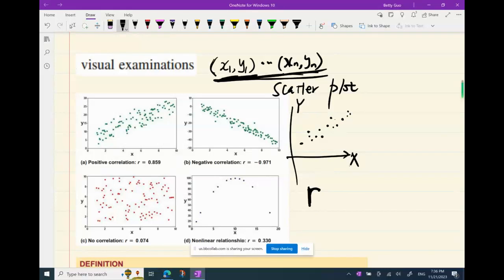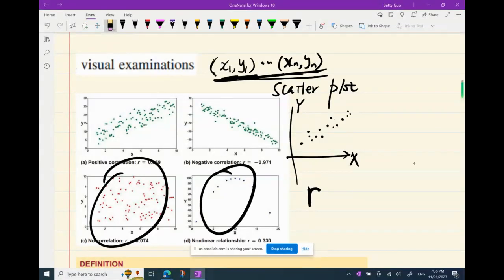If the scatter plot does not display a linear pattern like this one or this one, as you can see, the one on the bottom left has no pattern, right?